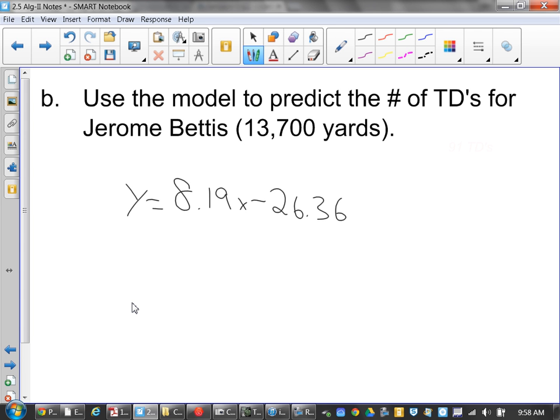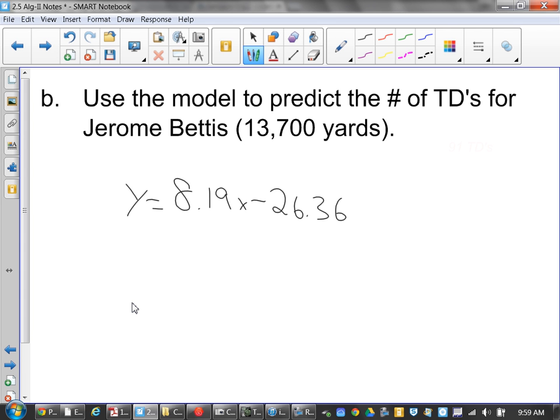In this case here, if you want to predict the number of touchdowns Jerome Bettis had, your value of X here is 13.7. Good, because it's all in thousands. That's where a lot of times you got to be careful with that. So you do write 13.7 for your X value and go in from there. What do you get for touchdowns? 85. Oh, I thought you said 5. 5 touchdowns? Something's up right there. 85. If you round up, 86 touchdowns.